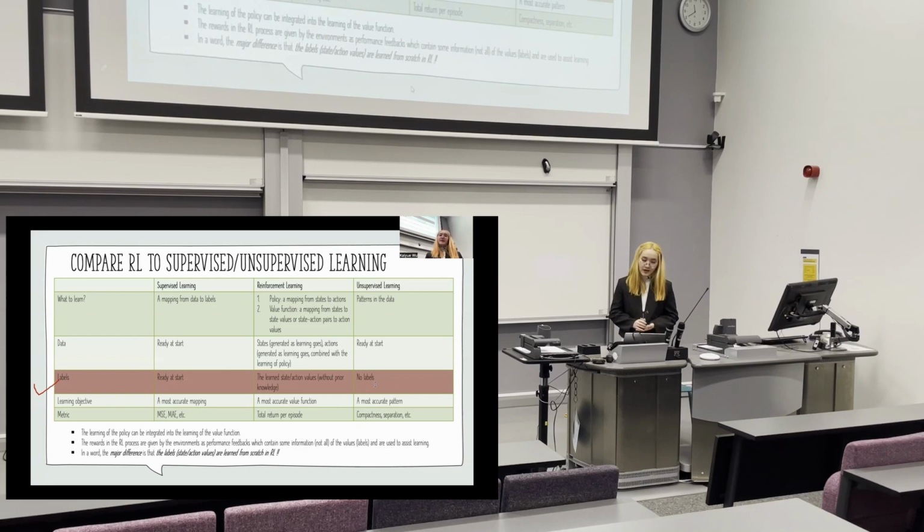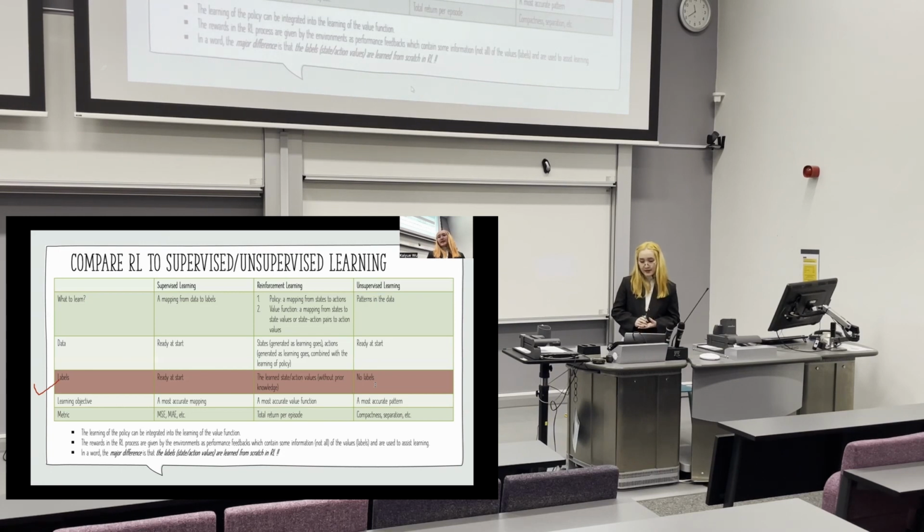Besides, I would like to supplement a few points to the table. Firstly, the learning of the policy can be integrated into the learning of the value function. When we've learned a value function, we can basically infer the policy from it. The policy can just be a greedy policy that always selects the action that has the highest action value under the current state.